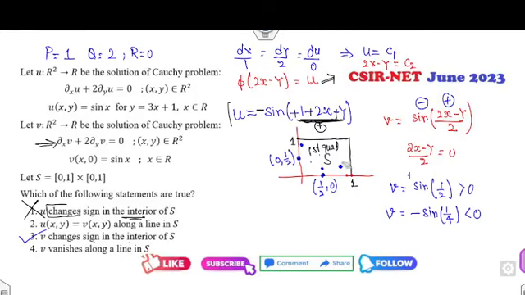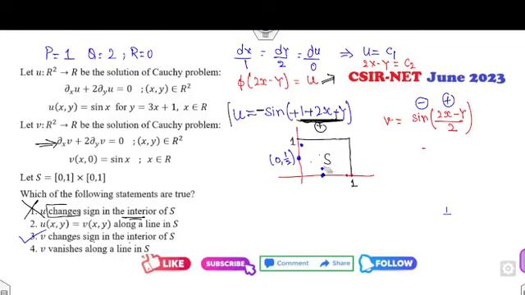Now u equals v along the line. So let me clear the screen. Fine. When u and v are the same, 2x minus y over 2 is equal to minus 1 minus 2x minus y.